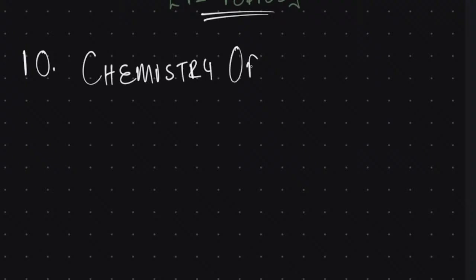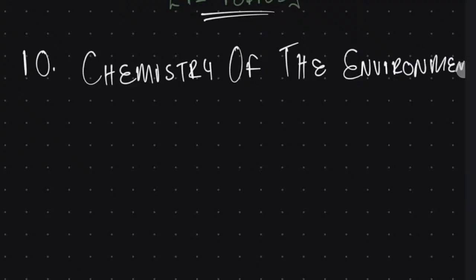Write with me. Chemistry of the environment. It's just we need to talk about water and we need to talk about air. So let's talk about water first. Then we'll talk about air.